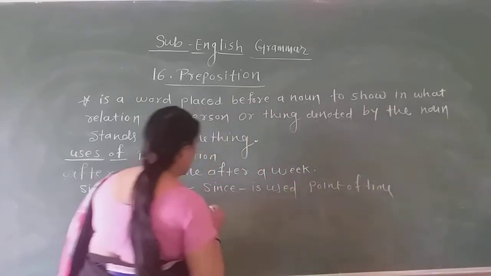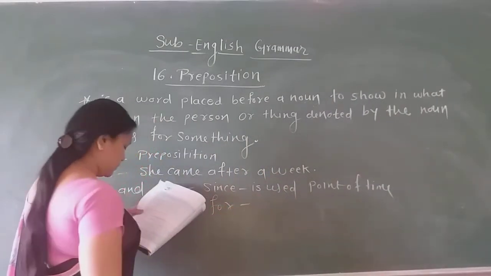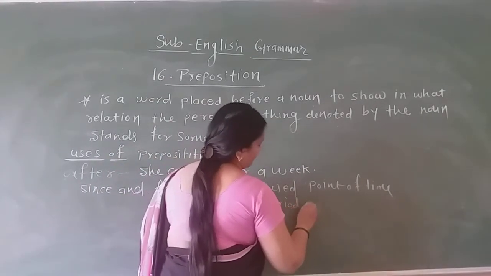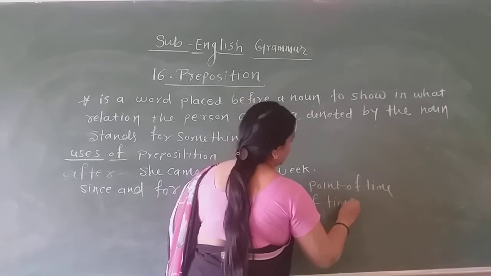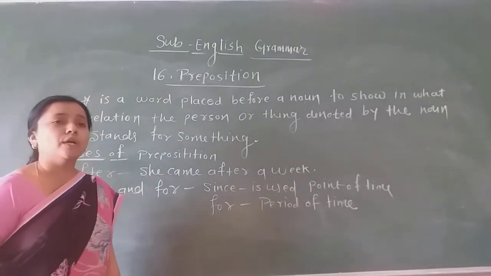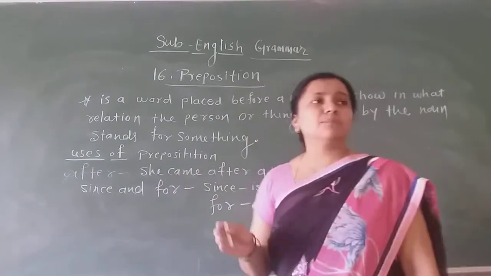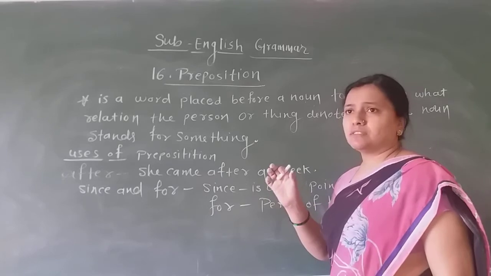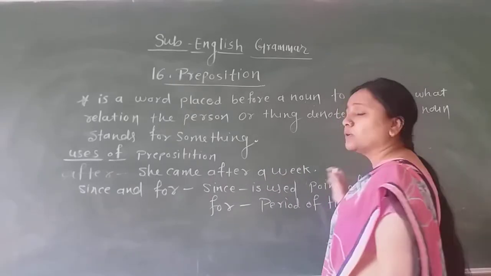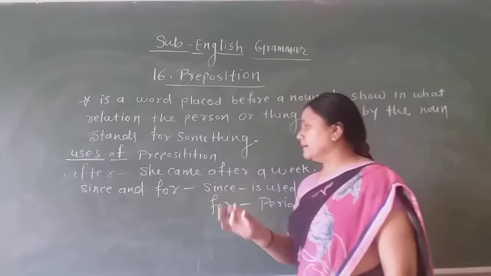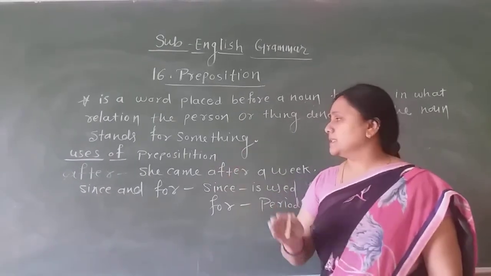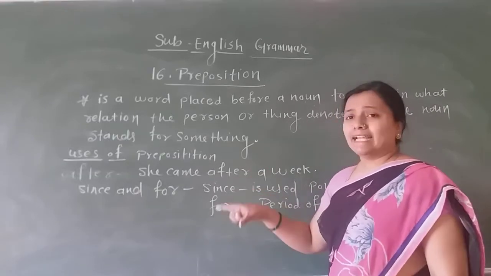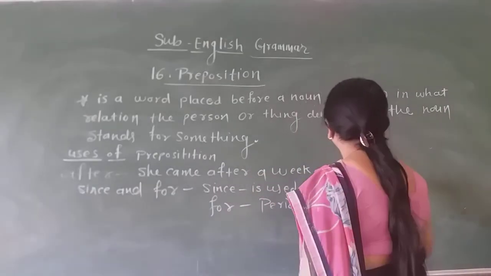And for is used to denote a period of time. Like, if any action's starting point has been given, so we can use since there. For example, if an action's starting moment is given, or a particular date or a particular year is given, that the action has started, then for that date or for that action we can use since.